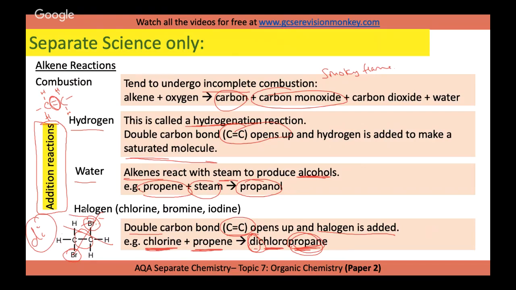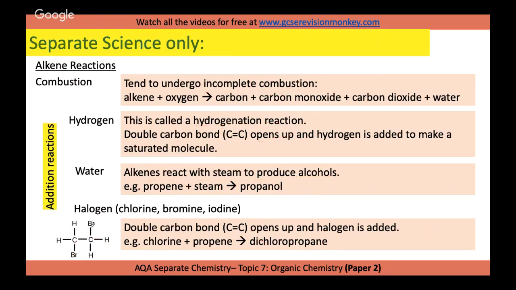In this example, if I just clear the writing for a minute, I started off with ethene that would have had a double bond. I've opened up that double bond, got rid of that, and added bromine, so it would be dibromoethane.